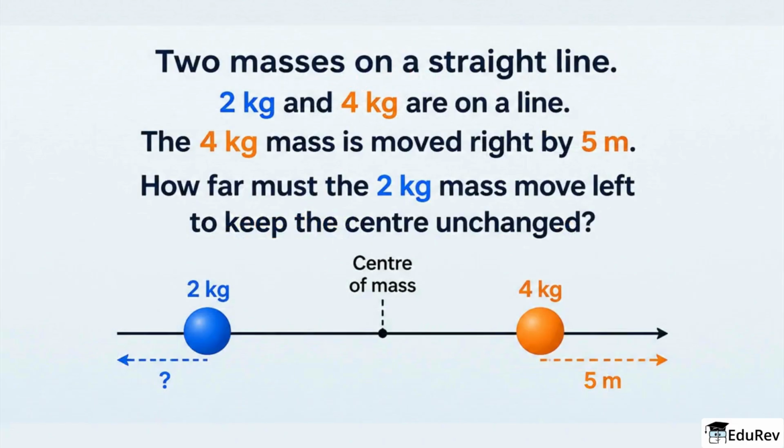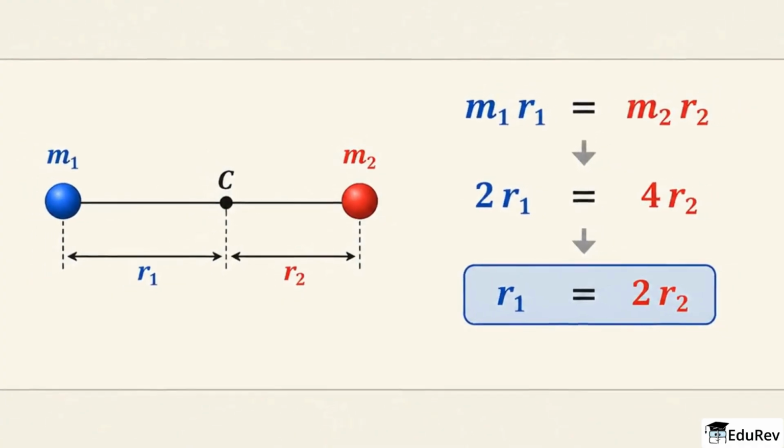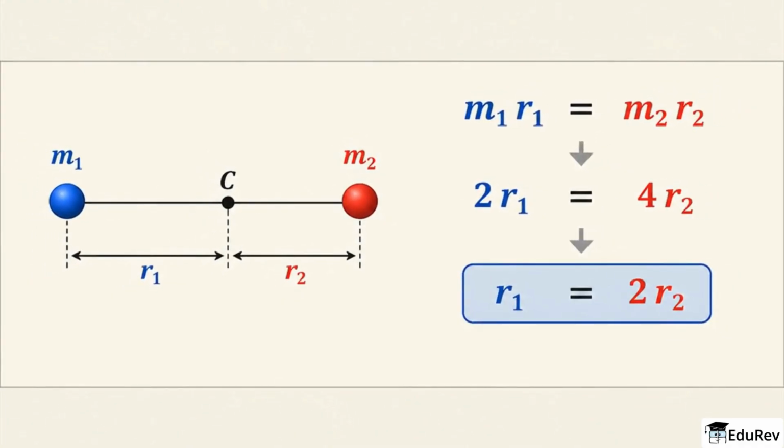Question number 2 says 2 kilograms and 4 kilograms lie on a line. The 4 kilogram mass is moved right by 5 meters. How far must the 2 kilogram mass move left to keep the center unchanged? Start with the balance relation m1r1 equals m2r2. So 2r1 equals 4r2, meaning r1 equals 2r2.